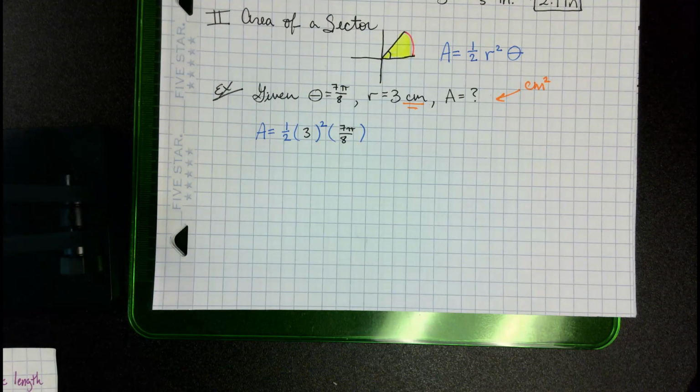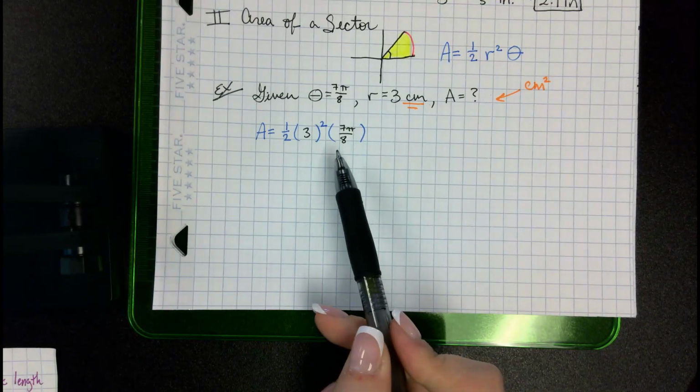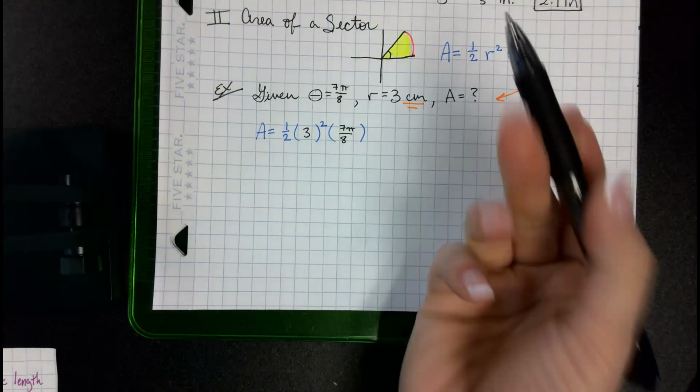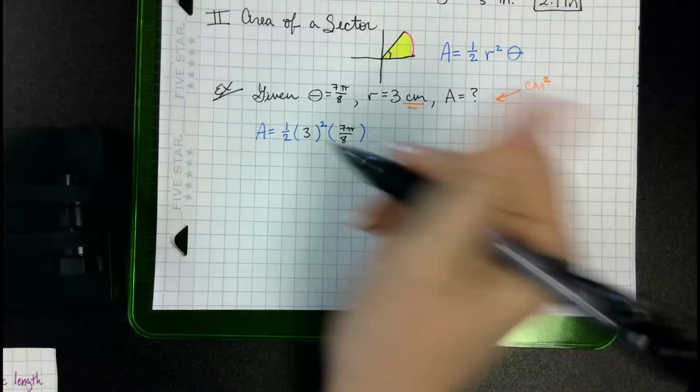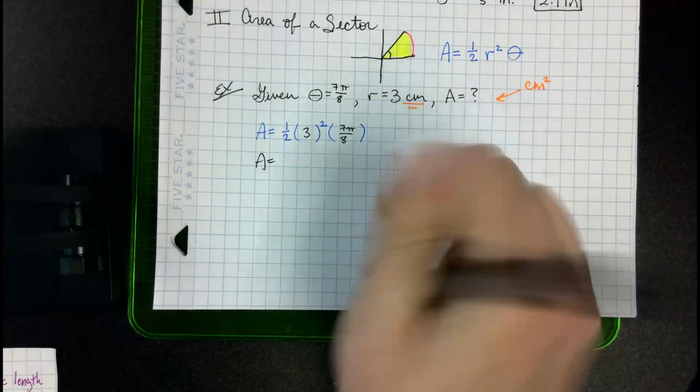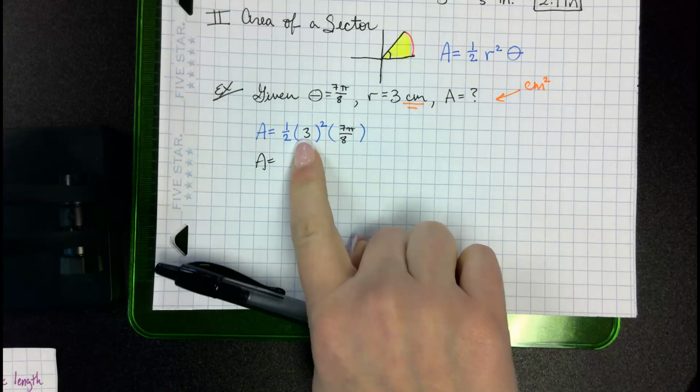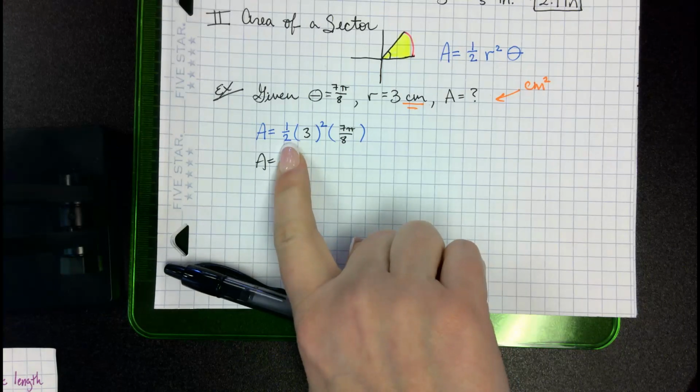Okay. I like to simplify it a little bit before I go to the calculator. And if you have to show at least the minimal work, to show your work would be writing down what you're typing in your calculator. Like that is the absolute minimum that you need to write down. But I would prefer this simplified a little bit, because I know 3 squared is 9, and 9 times half would be 9 over 2.